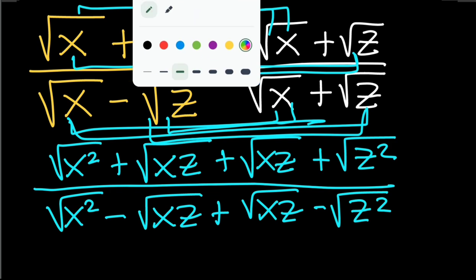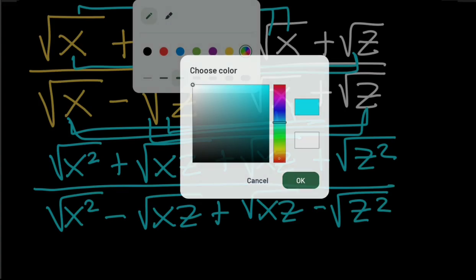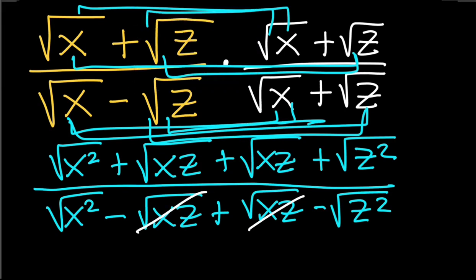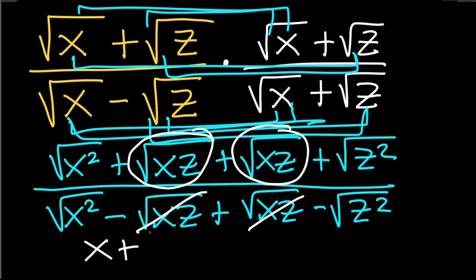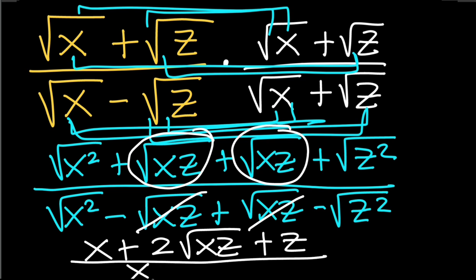And now we can simplify this one. So this cancels out. Then we can add like terms, square root of xz and square root of xz. So this becomes square root of x squared, which is just x, plus 2 square root of xz. Square root of z squared is just z, over x minus z.